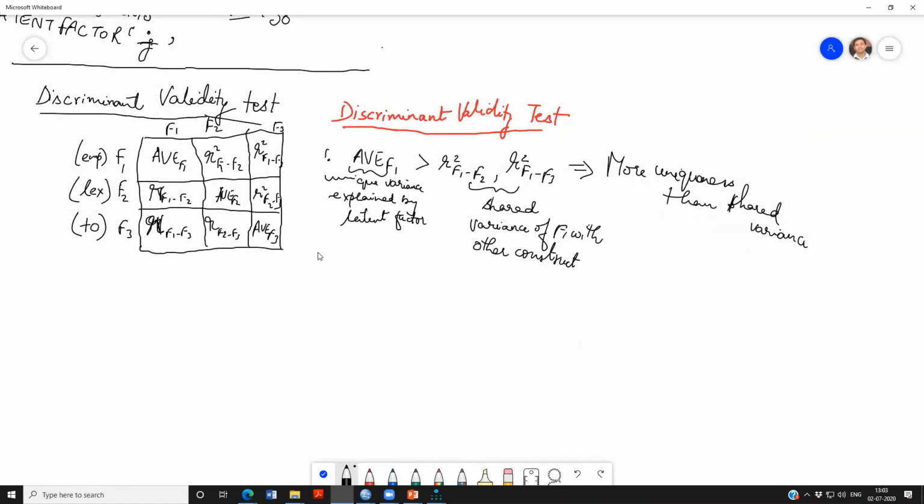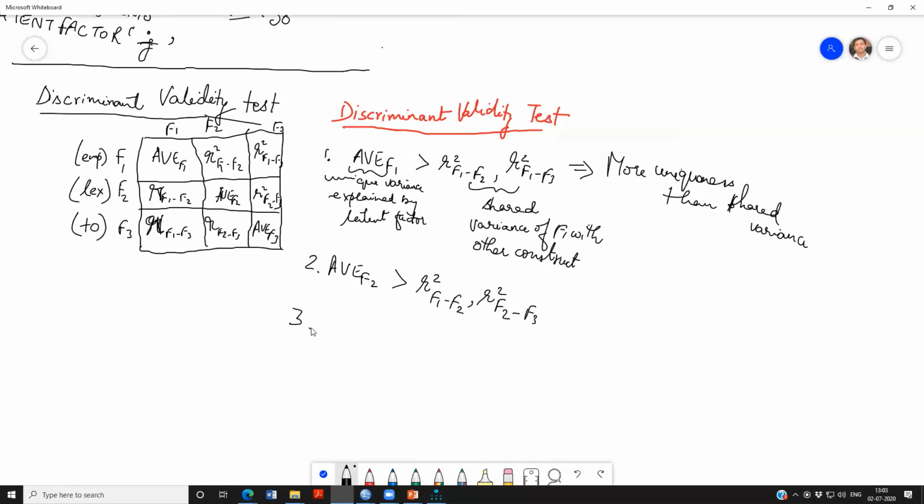The second condition is AVE for F2 should be greater than R square F1, F2, because F2 has a covariance with F1, and R square F2, F3. That means its shared variance with F1 and shared variance with F3.